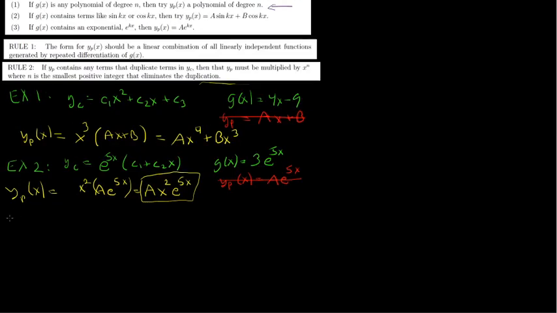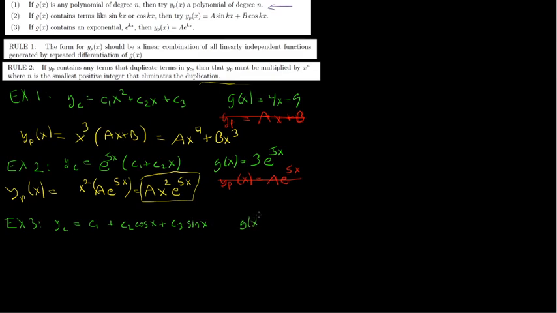So example 3 for Rule 2 here. Suppose our complementary solution is, well, let's say it's c1 plus c2 cosine x plus c3 sine x.